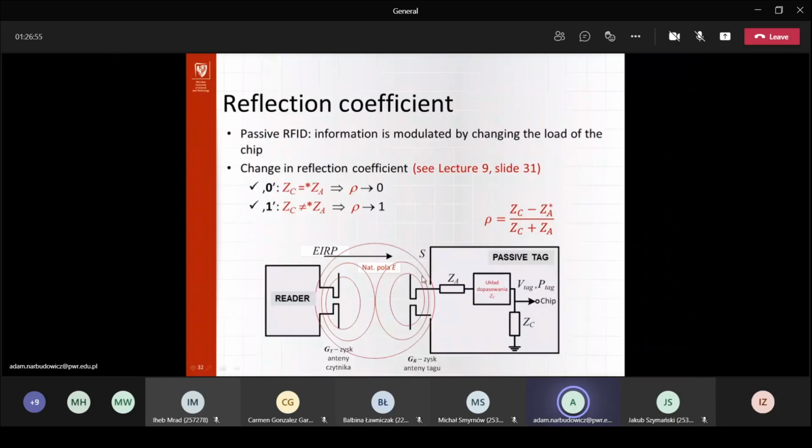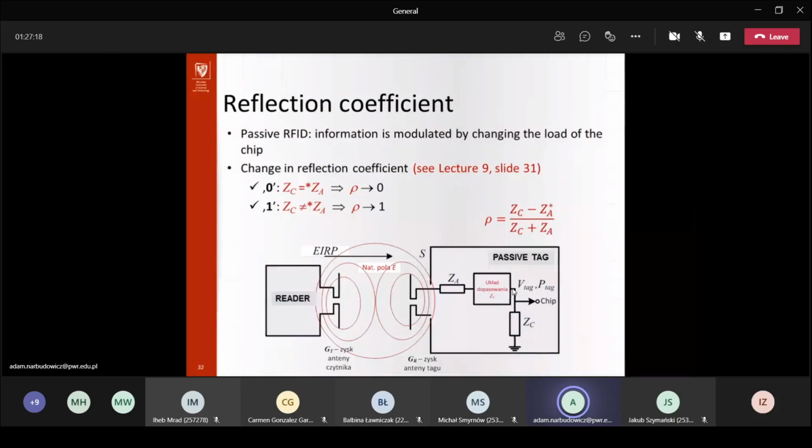So what's happening here? We have an antenna which accepts some power and puts it into the circuit, and we already know that when there's a mismatch between the two impedances, it will cause a certain reflection coefficient.